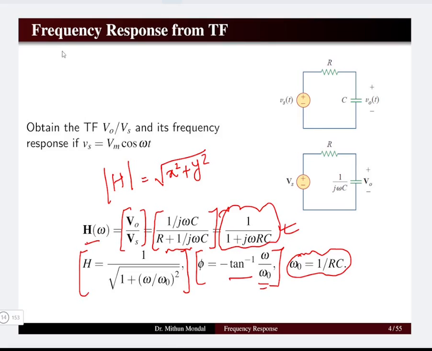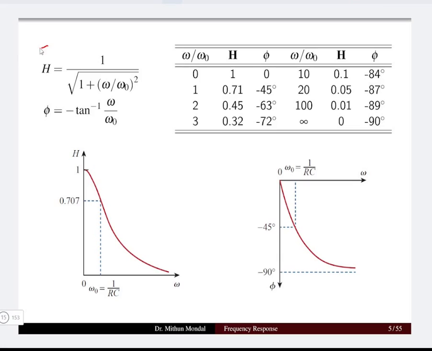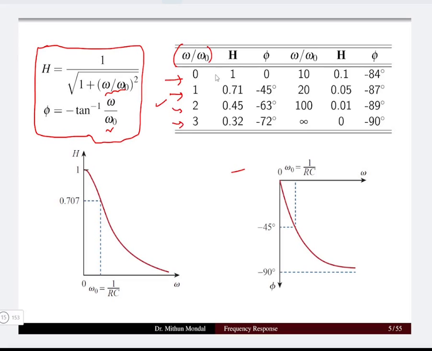Now we have to obtain the frequency response, which is how the magnitude is varying with respect to frequency and how the phase is varying with respect to frequency. So once we have obtained the magnitude and phase expressions of the transfer function, we can create one table where we can find the ratio of omega by omega naught for the different discrete values of 0, 1, 2 and 3, and the corresponding magnitude and phase of the transfer function.